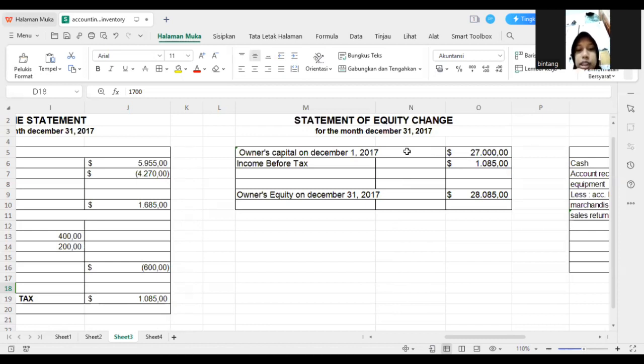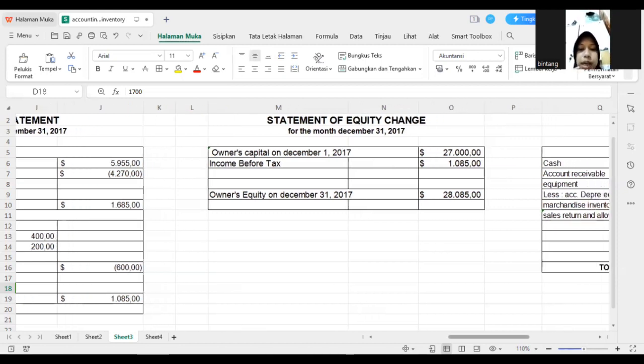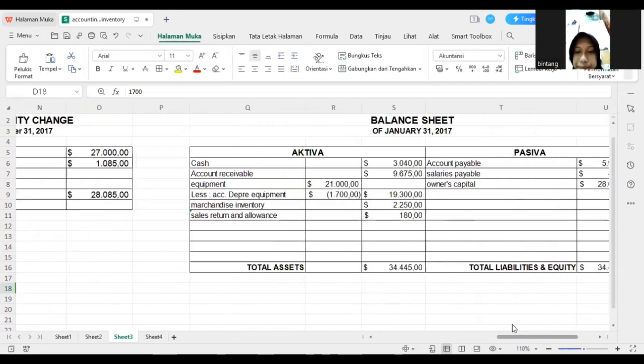The amount is $1,085. So we get the owner's equity on December 31, and the amount is $28,085. So the next one is the balance sheet.